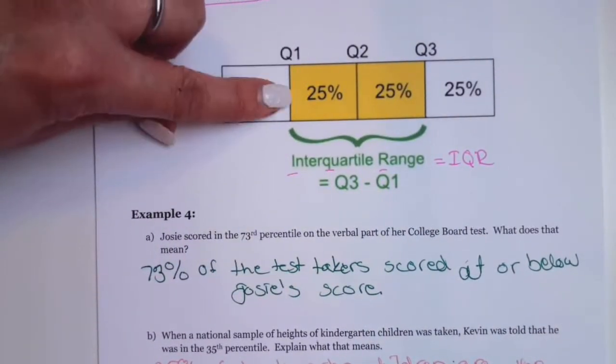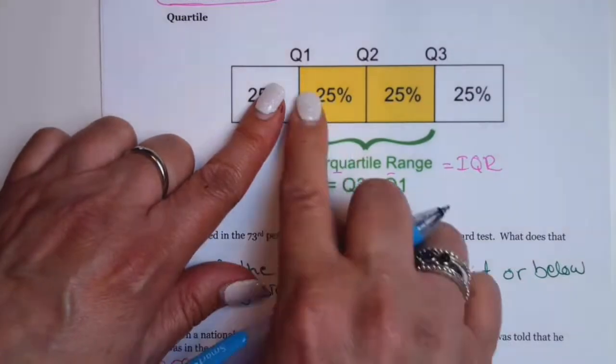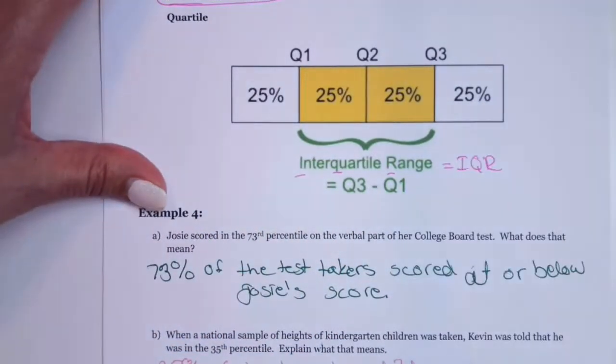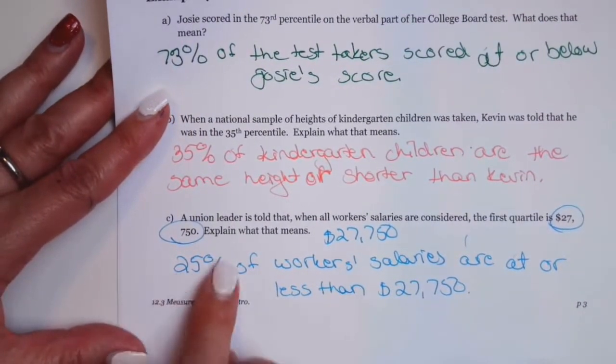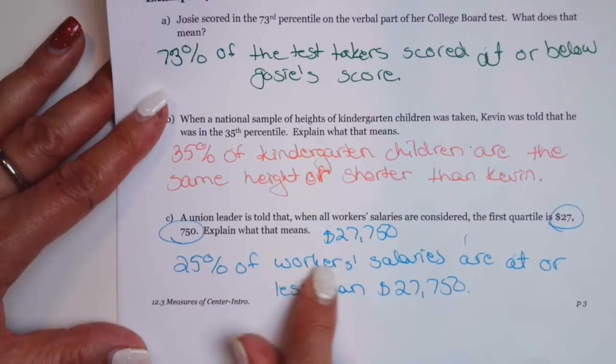Because the first quartile is here, 25% is here, and 75% of those worker salaries are going to be higher than $27,750. But if it's the first quartile, 25% of those worker salaries are at or less than.